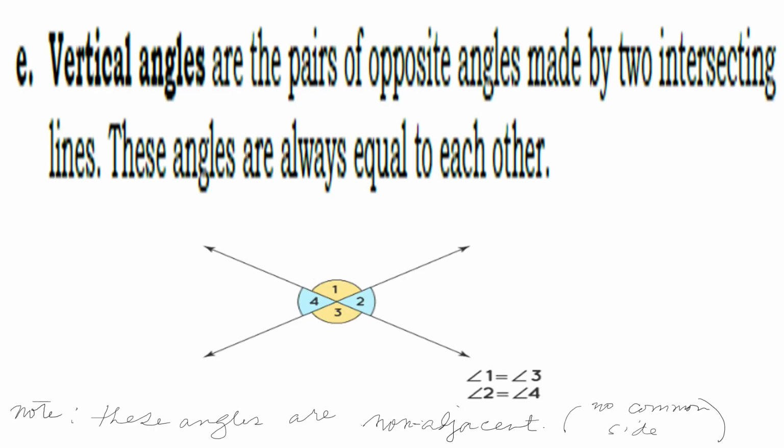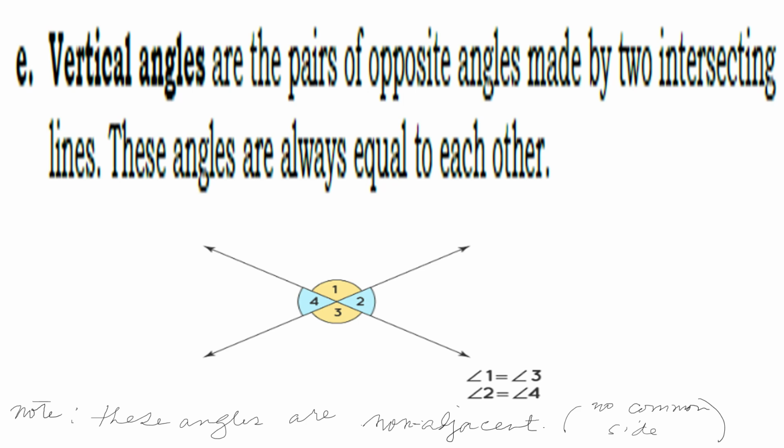And the last is vertical angles. These are pairs of opposite angles made by two intersecting lines. These angles are always equal to each other. So here in this figure, these are two intersecting lines and you can see the angles colored yellow and blue. These are the two pairs of vertical angles.